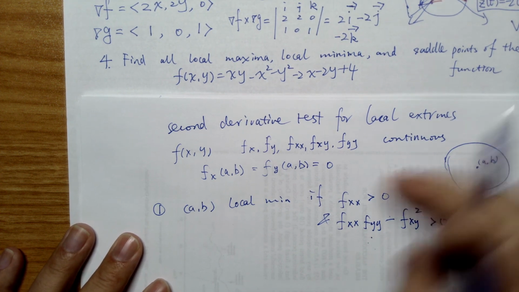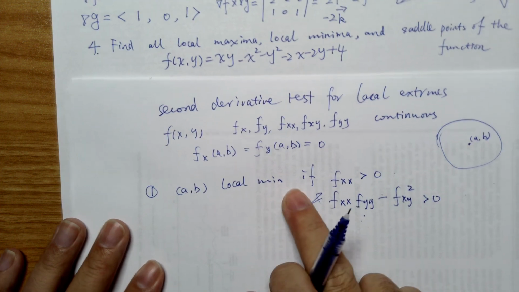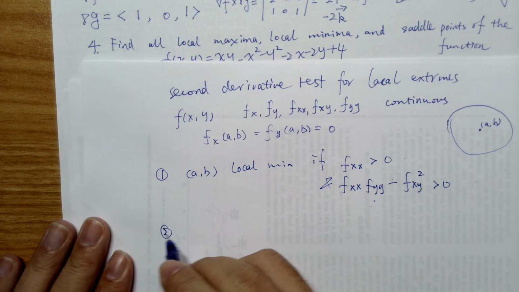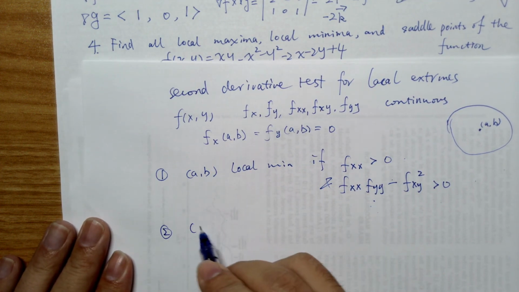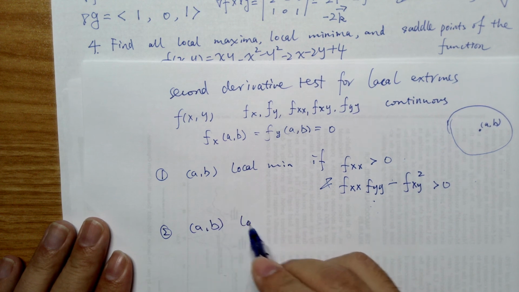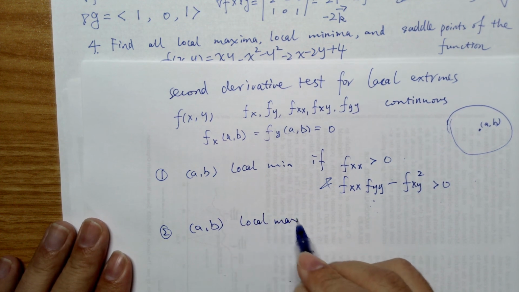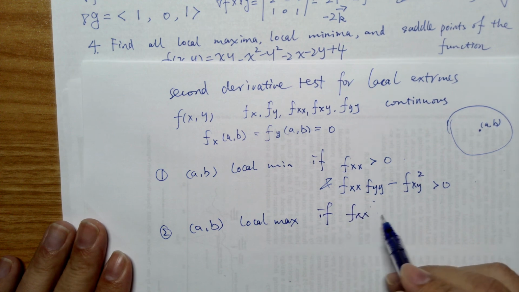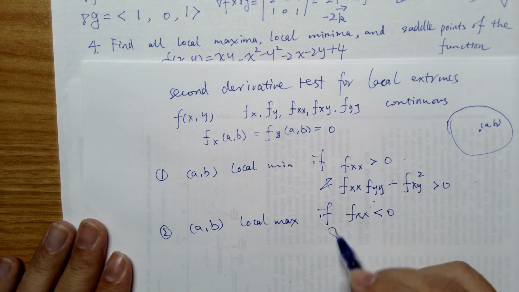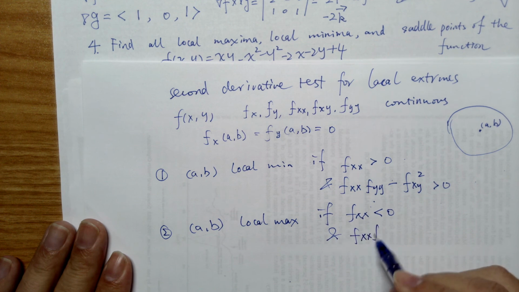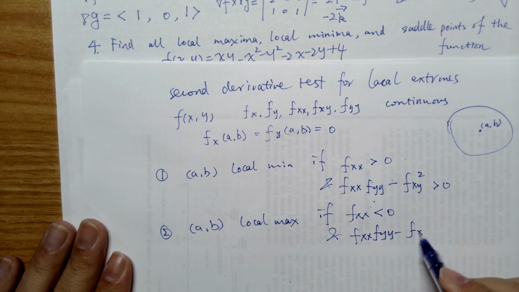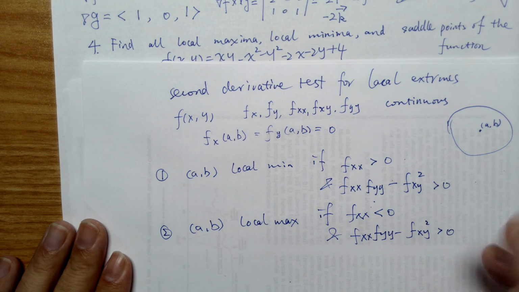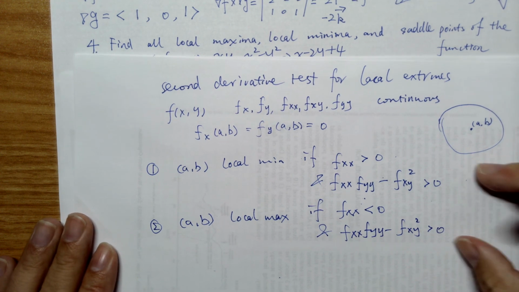Of course it's evaluated at this point. You're going to have a local min. And this point is going to be a local max if the second derivative with respect to x is less than 0, and again the discriminant must be greater than 0. Again, all evaluated at this given point.